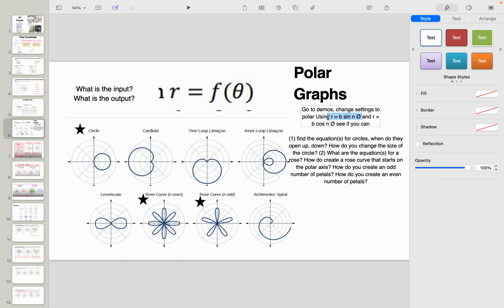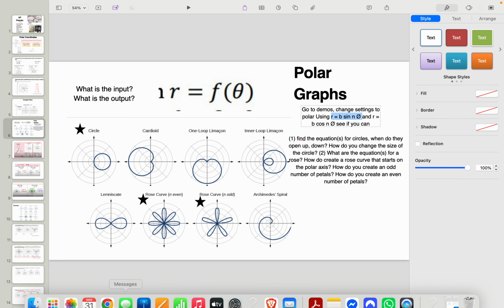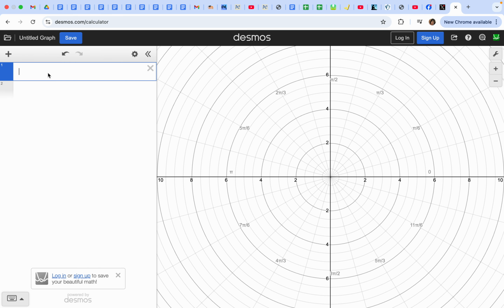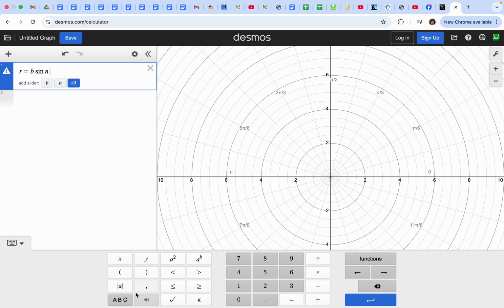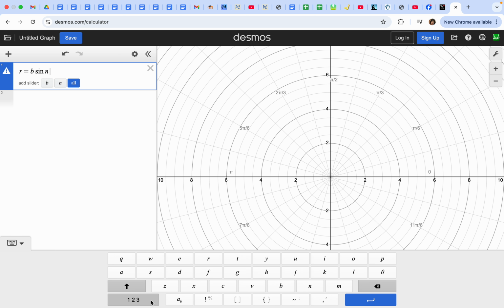So let's do over here in Desmos. We're working with r equals n sine of, I need a variable here. I want to get my variable of theta.